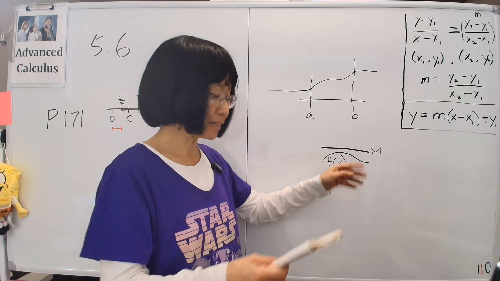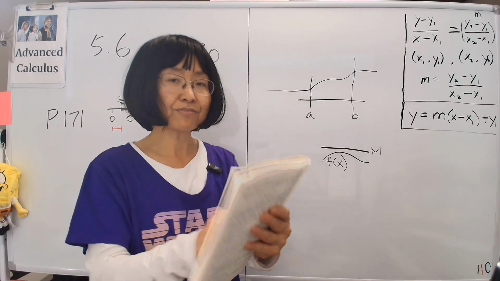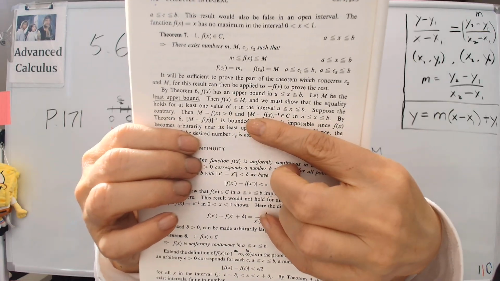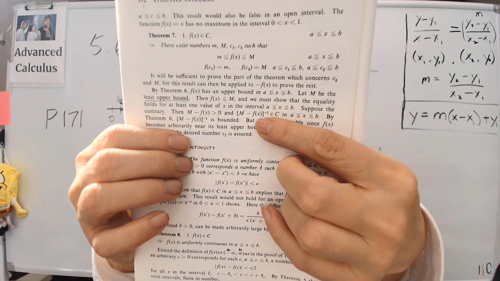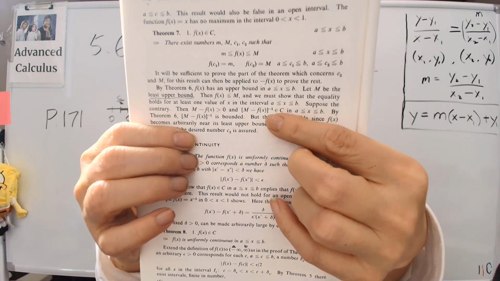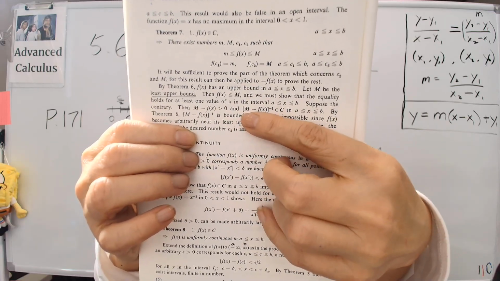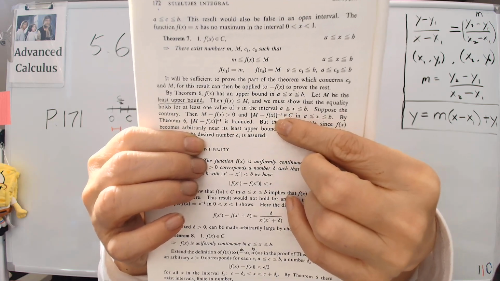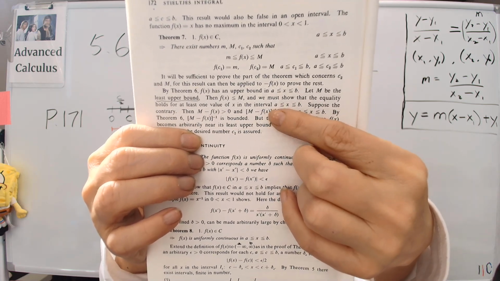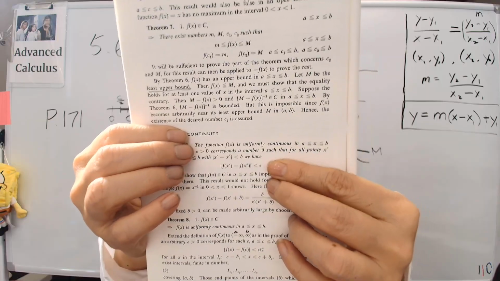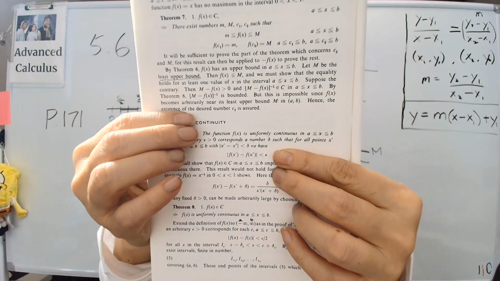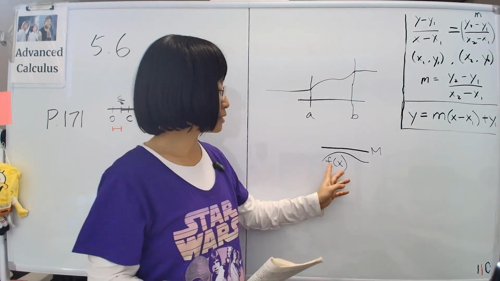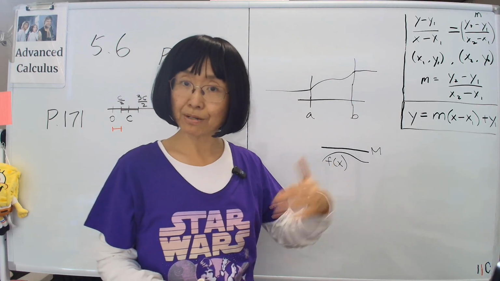So this function, 1 over M minus f of x, has a denominator that has to become arbitrarily small, which means this function cannot be bounded, and that creates a contradiction. Therefore, we prove that it is possible for f to reach its maximum and minimum.